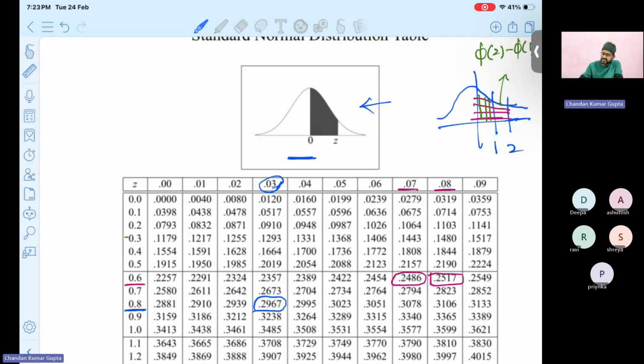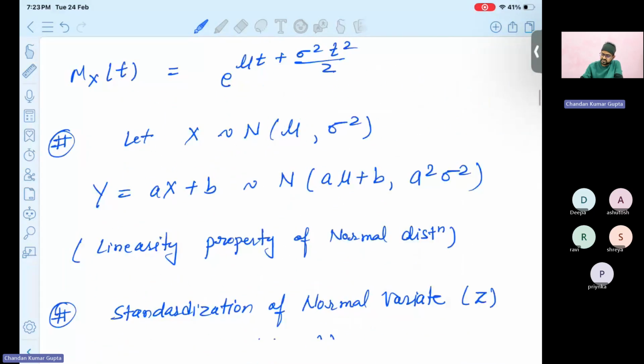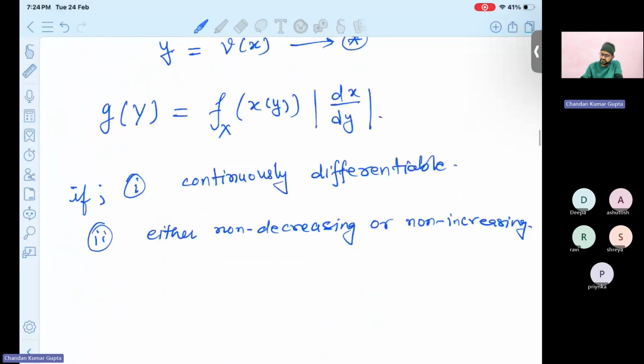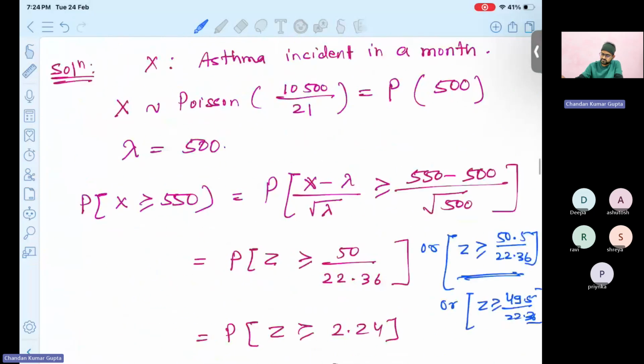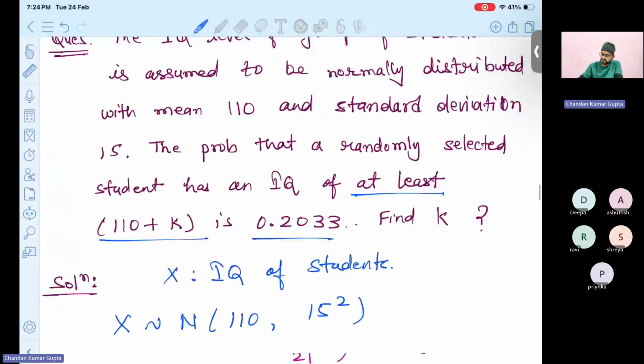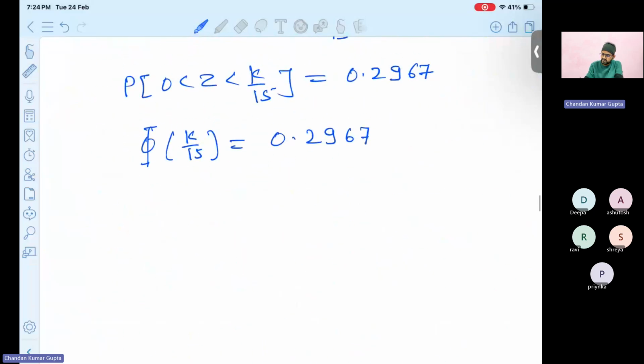So it's 0.83. So phi of 0.83 has the probability 0.2967.